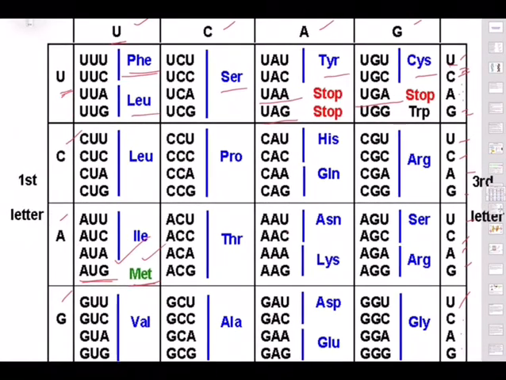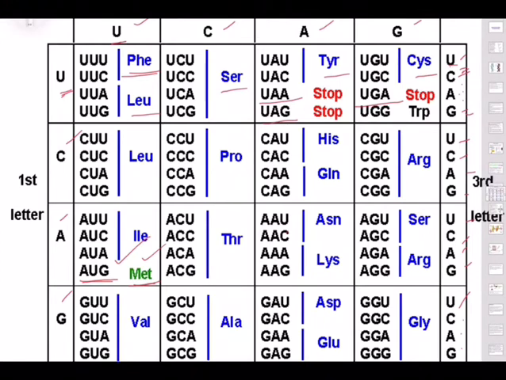And how to write this? Like in the genetics chapter we wrote dihybrid cross, monohybrid cross, isn't it? Similarly here we are writing, that is U on top and U on the right side.